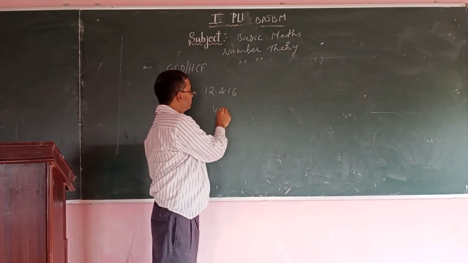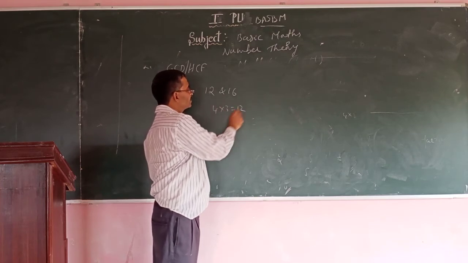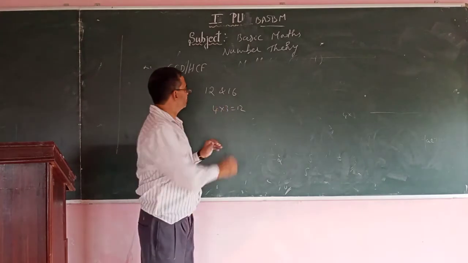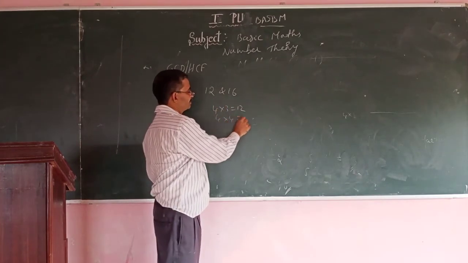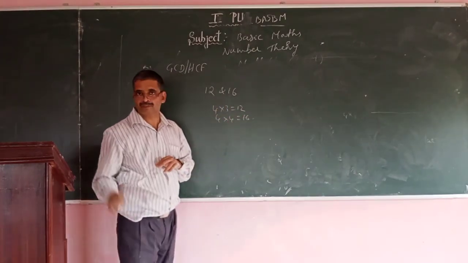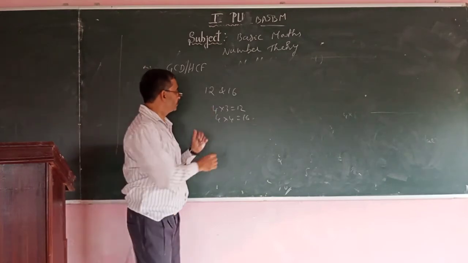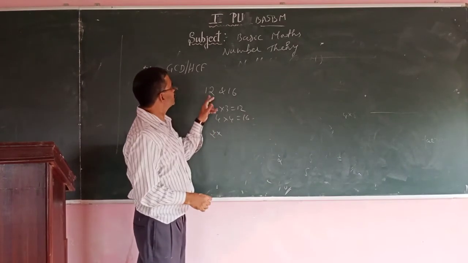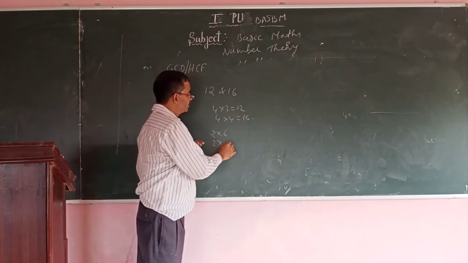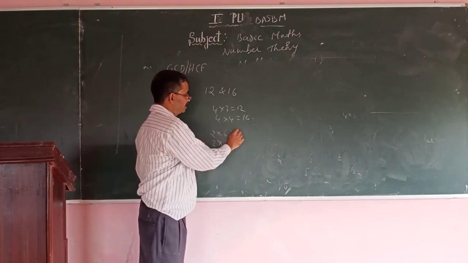12 is divided by 4. 4 into 3 is 12. 4 into 4 is 16. 2 into 6 is 12. 2 into 8 is 16.